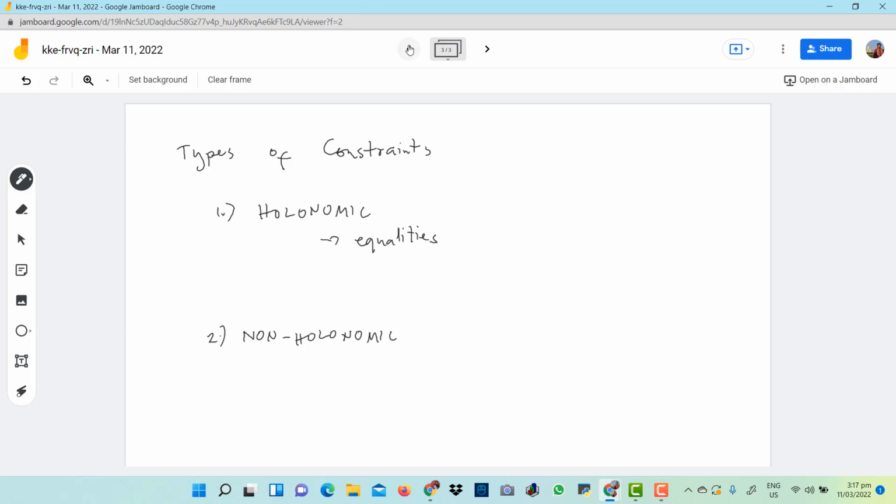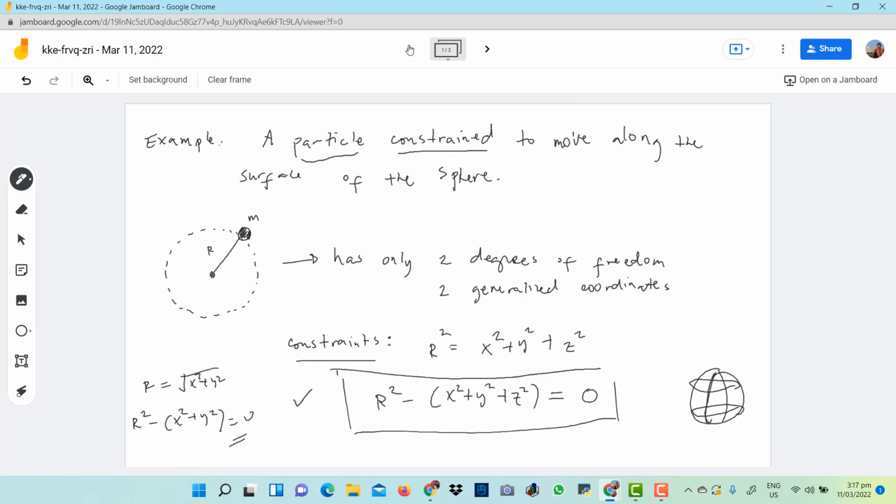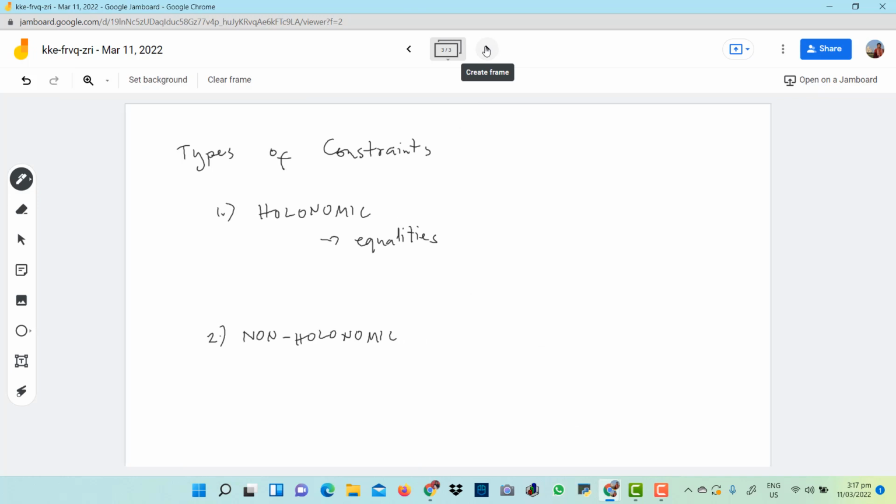So the equation we got earlier is a holonomic constraint. Why? Because the equation is an equality. Holonomic constraints use equals, okay? So equalities, integrable in form, and may or may not be explicitly time dependent. It is possible for it to be time dependent, or it can be a time independent function.